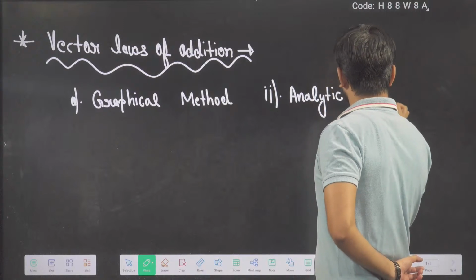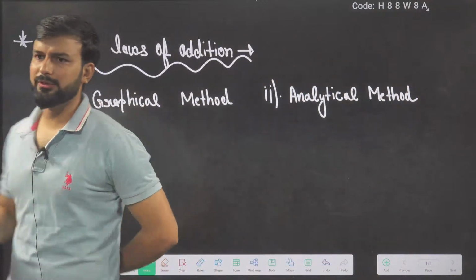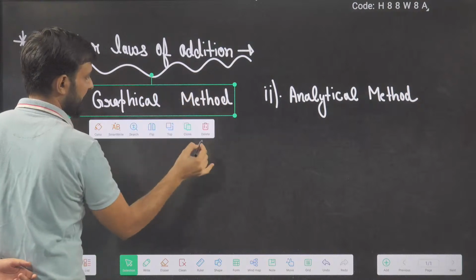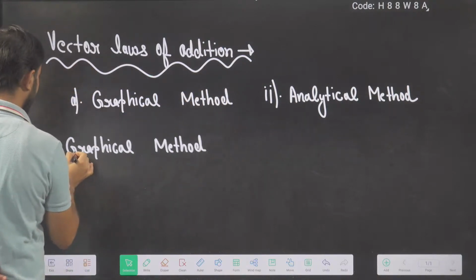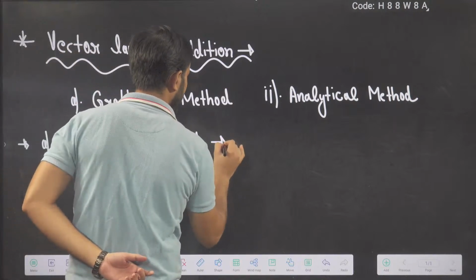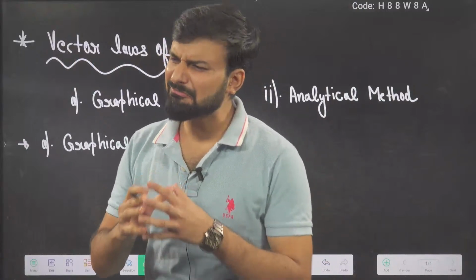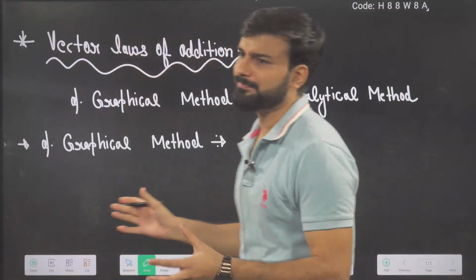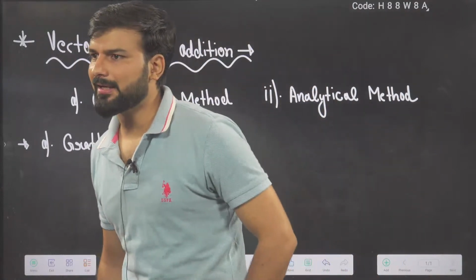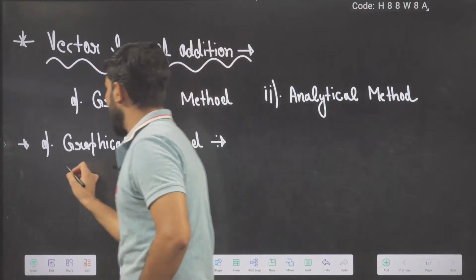Today we will start with the graphical method. In the graphical method, the very first one and the most popular, you will use it infinite times in the next two years whenever vectors come.